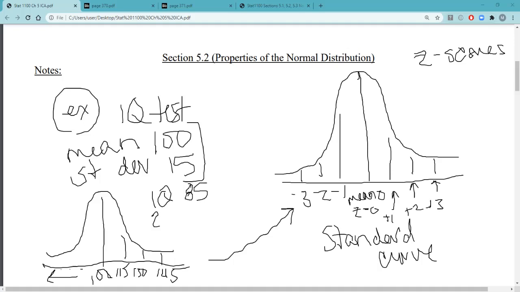So I'm going to take z equals our data value minus our mean over the standard deviation. And we would see that z ends up giving us a value of -1.